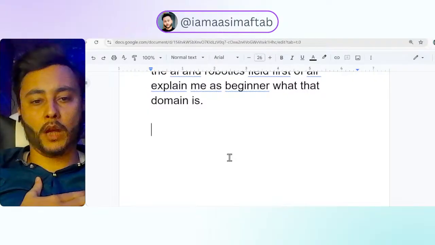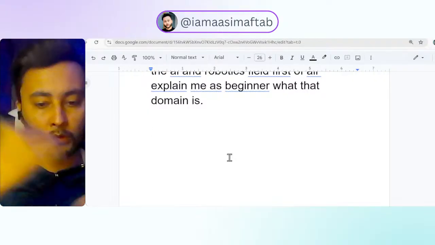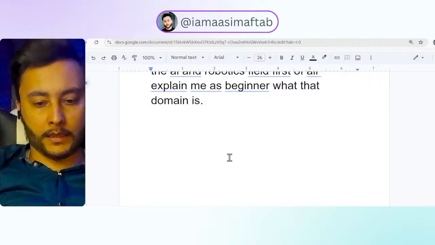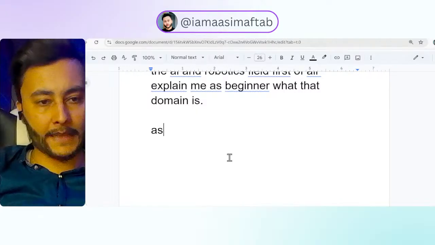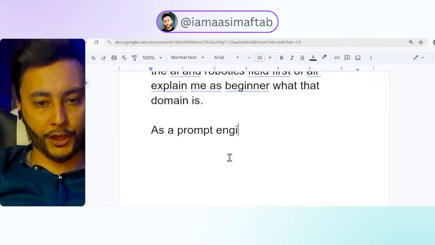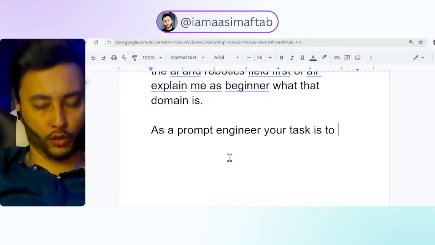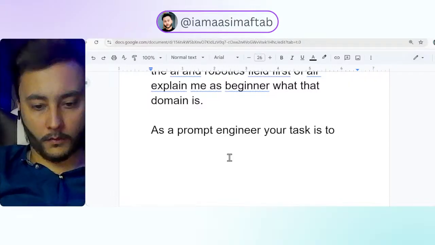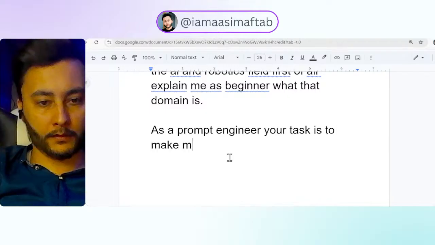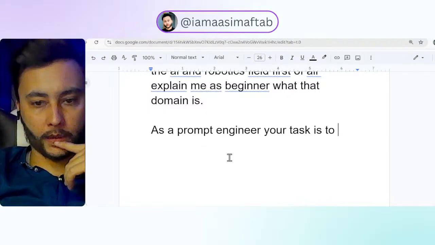So I will start with: as a prompt engineer, your task is to make me, okay, let me think a bit about it.